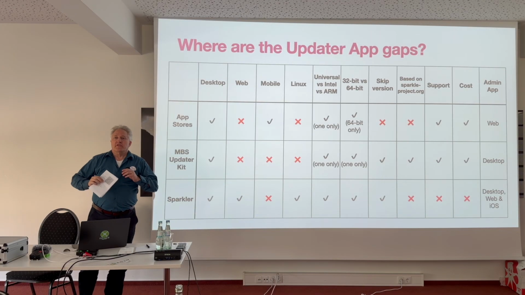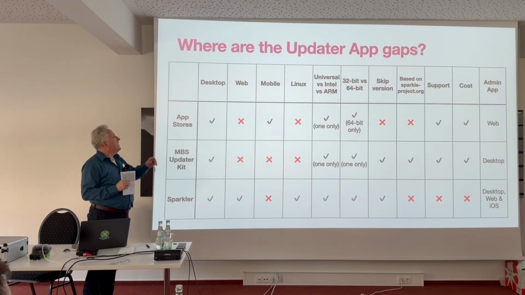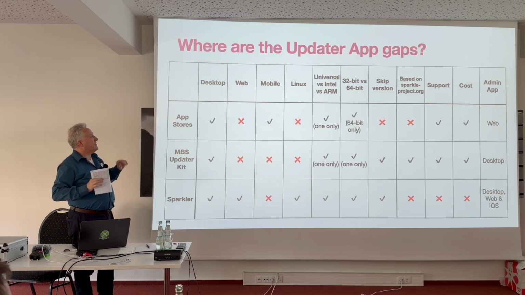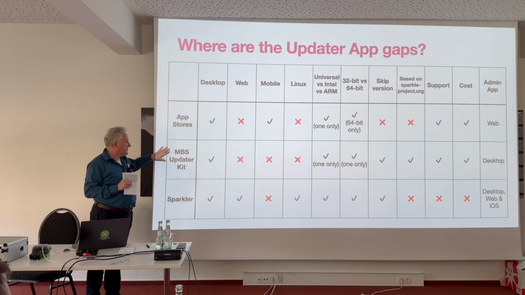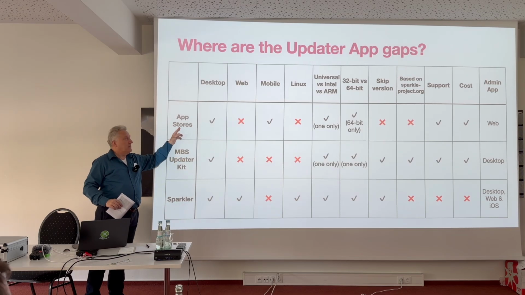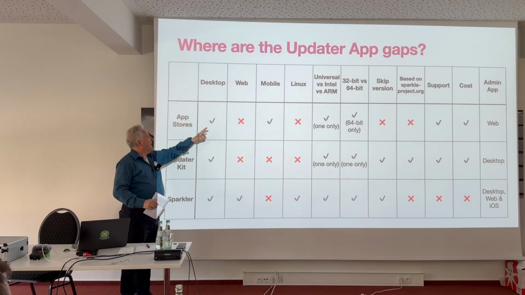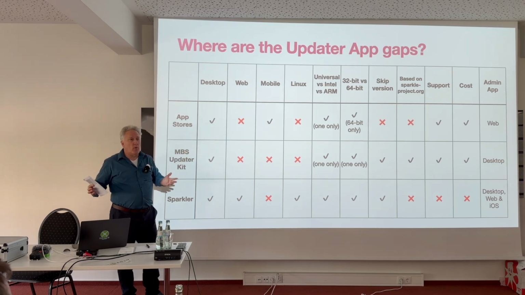Okay, so looking at the market, where are the gaps? So the 3 different types of technologies we have are app stores and Christian's MBS Updater and Sparkler. When you put something on the App Store, it handles desktop and mobile, but it doesn't handle web apps.